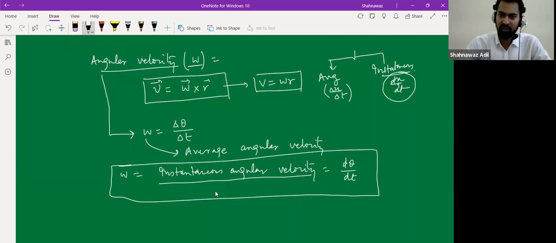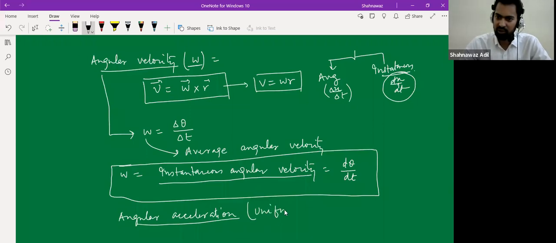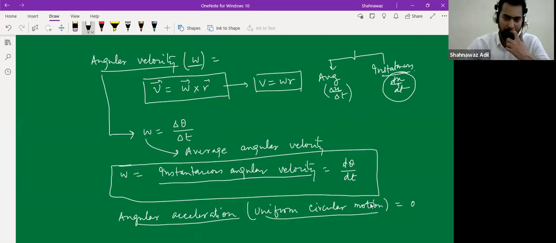So now, similarly, we have angular acceleration. But we are doing only the uniform circular motion. So for uniform circular motion, your velocity is constant, so your angular acceleration is 0, right?